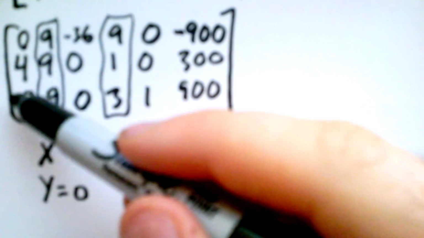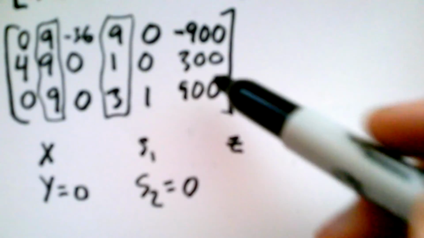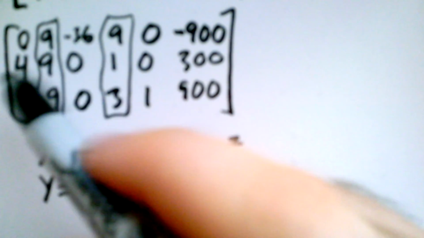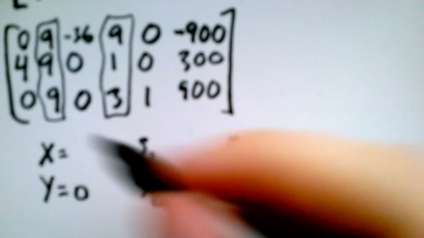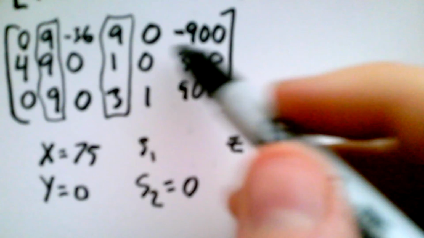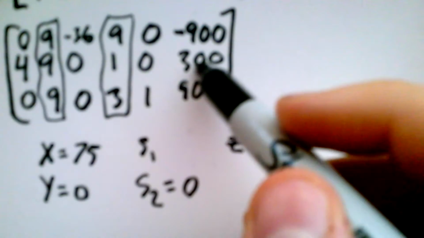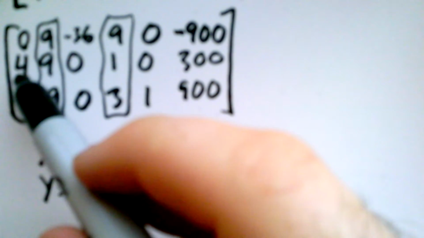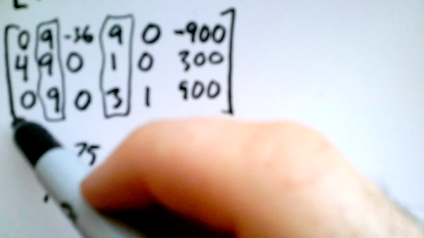So this row has only the 4 in it, and so 300 over 4 is our value for x. That's 75, because 4 is in the x column. And 300 is the constant term that corresponds to the only non-zero entry in the column.